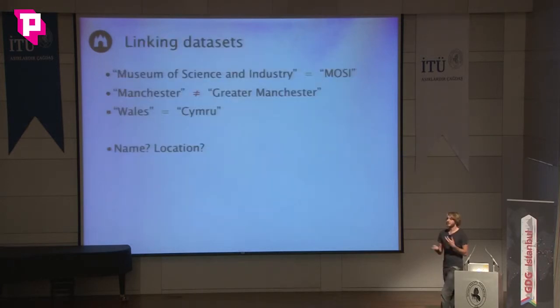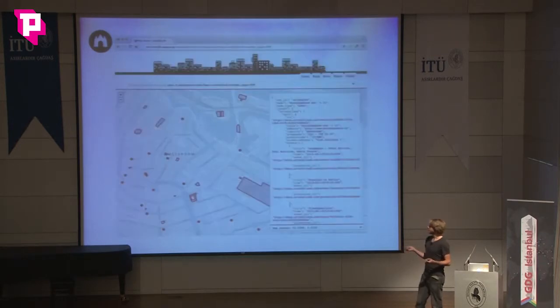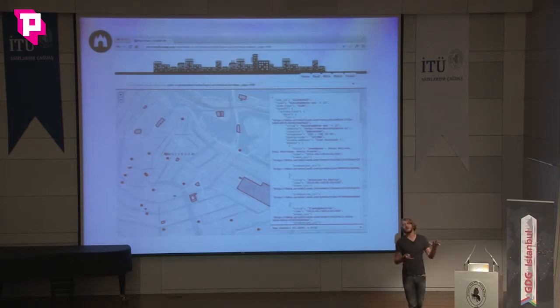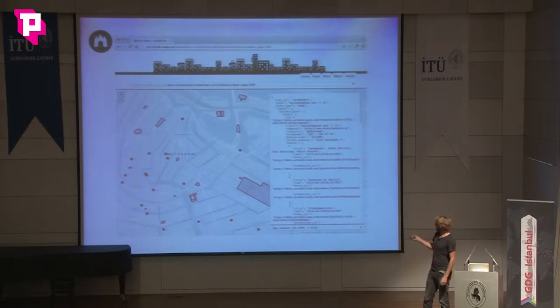And also we try to create links between different data sets. For example, we use OpenStreetMap as an underlying database, these are museums in Amsterdam, and we link real-time events to those objects.